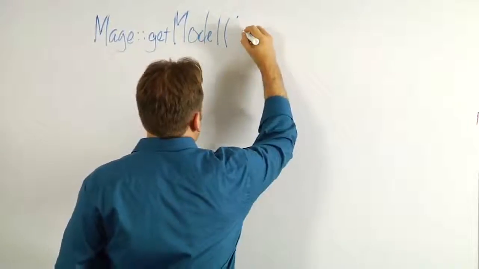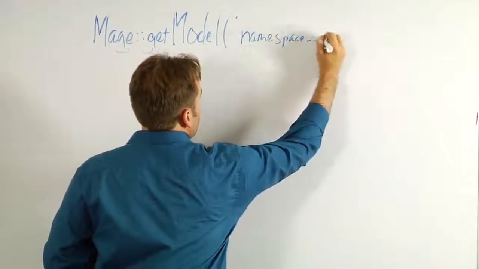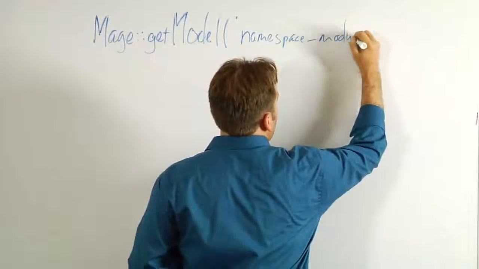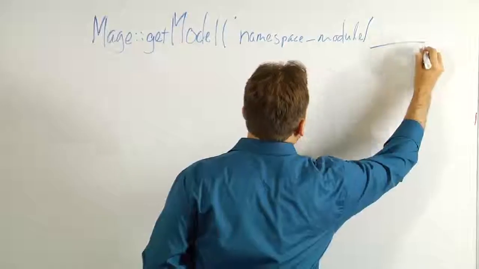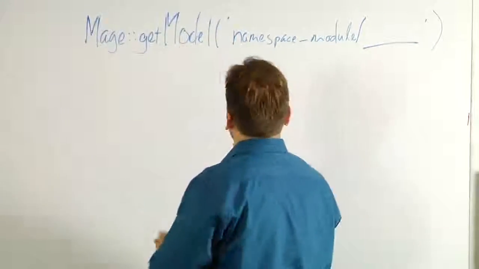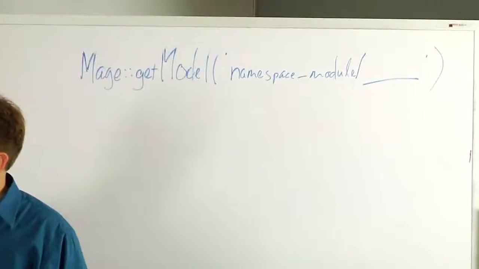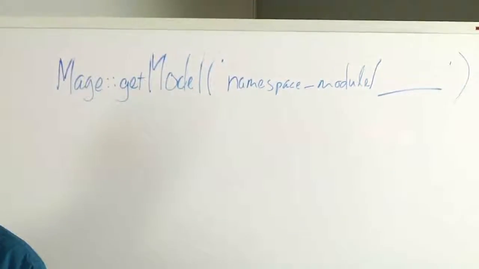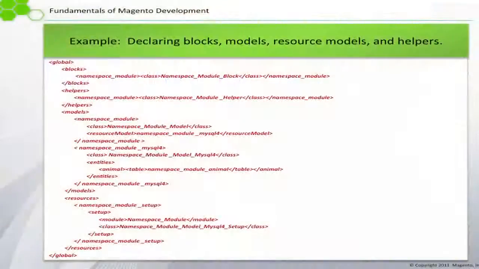And in this case, I would have to say namespace/module, and then whatever I'm going to instantiate after that. And then the system, of course, based on what I've provided here, is able to connect models, namespace module with this class, with this path to my files.